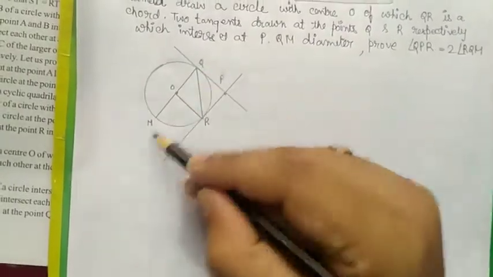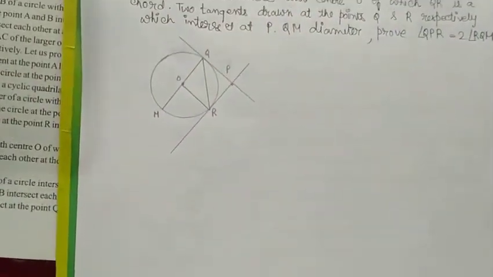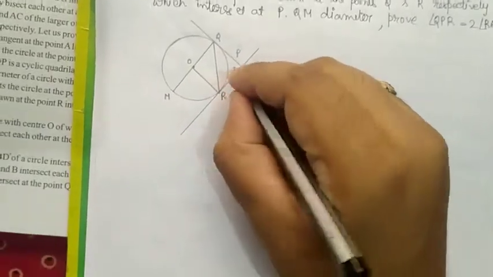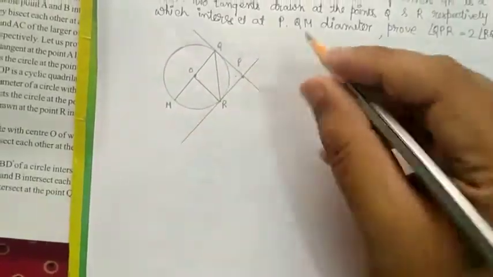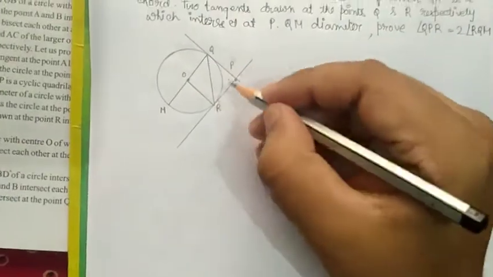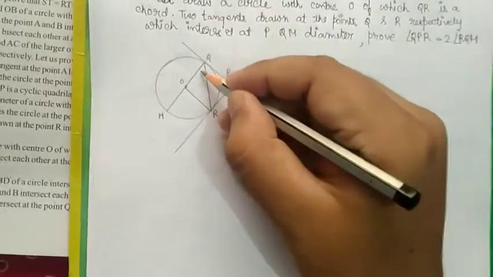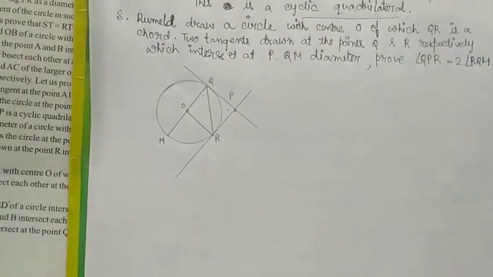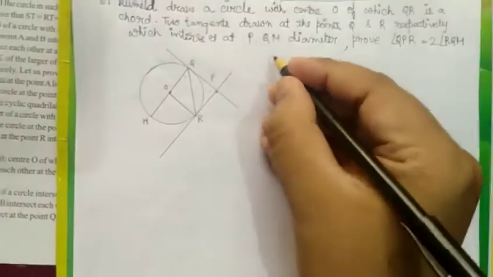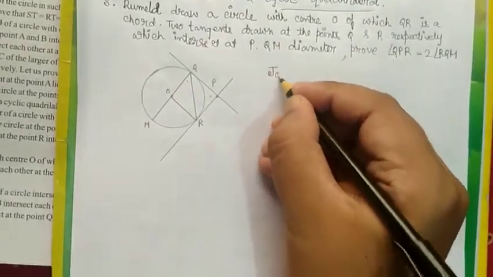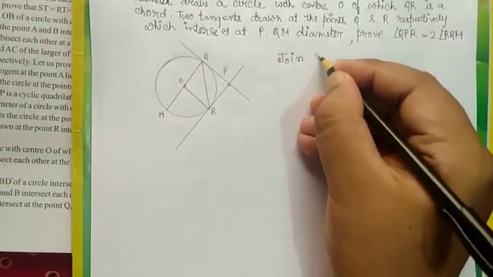QM is the diameter. We have to prove that this angle QPR is double this angle RQM. So first of all, we have to join OR.